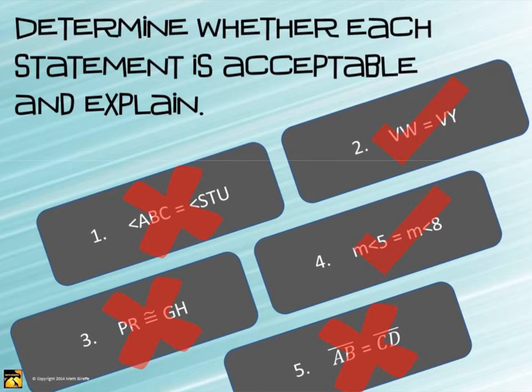Number 4 is correct because they have an M in front of the angle, so you're talking about the measure of that angle. That is an actual number. You need an equal sign. And then number 5 is incorrect because you have the line above the 2 letters, and that indicates that it is a geometric figure, and there needs to be a congruent symbol, not an equal symbol there.